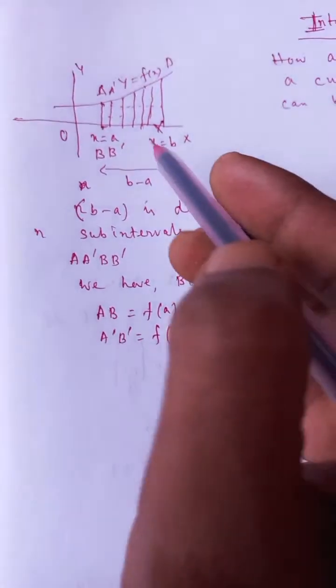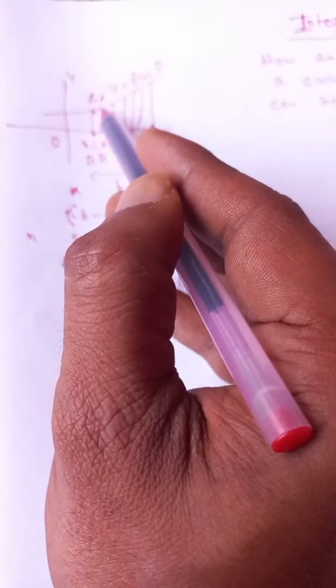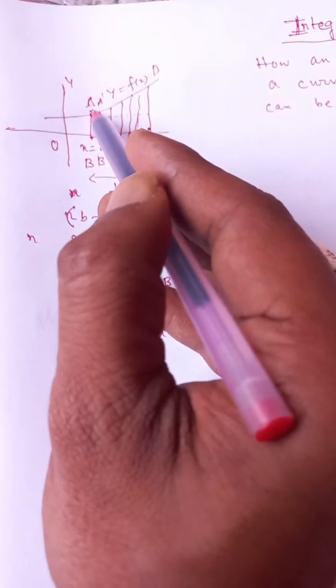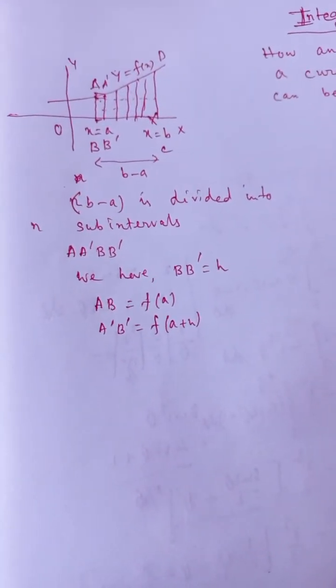Now the above portion we can divide into two parts. We can take a short rectangle here. There can be two rectangles.